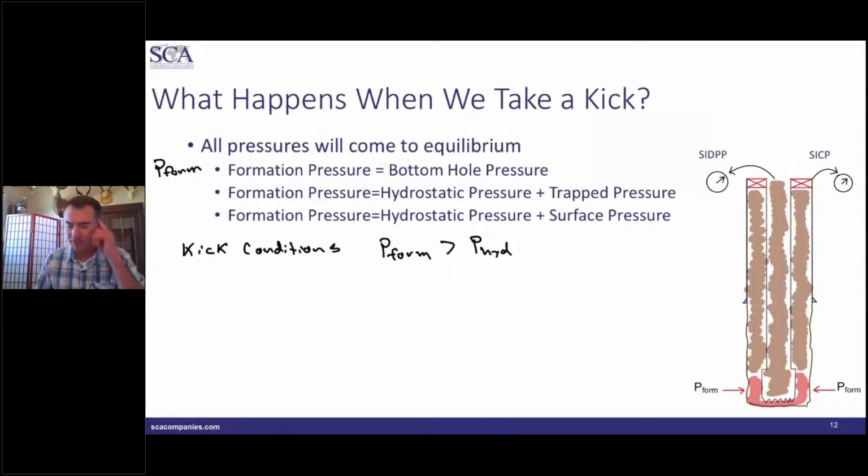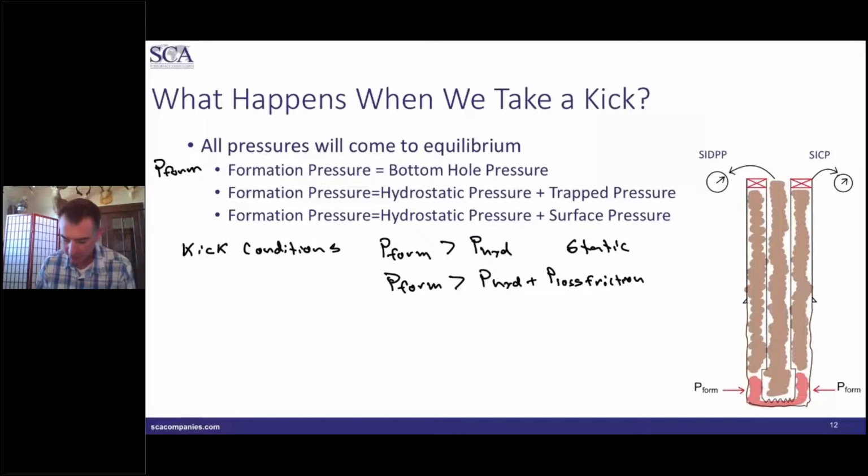If the well is static, and let's just think about the well being static right now, it is simply hydrostatic pressure. If the well is not static, it is when P form is greater than the hydrostatic pressure plus the pressure loss due to friction in your annulus.